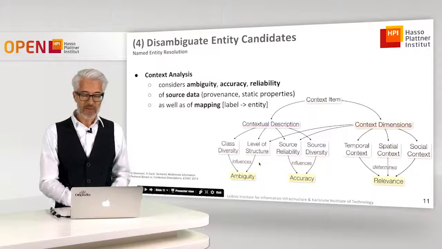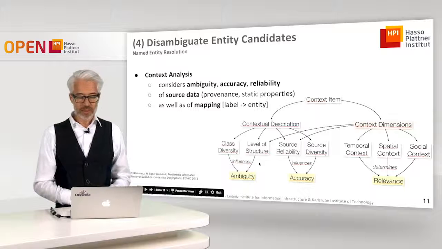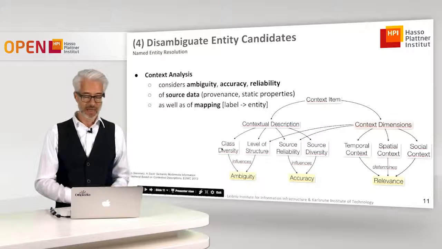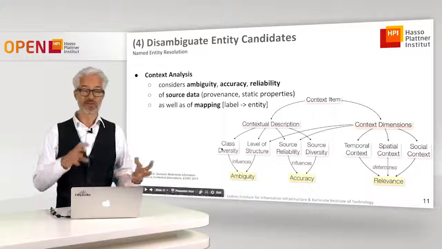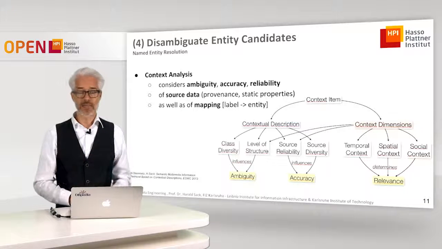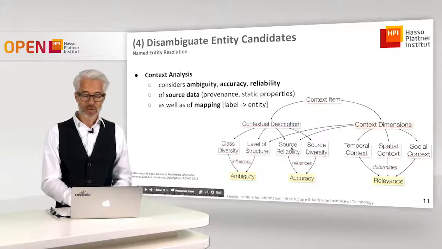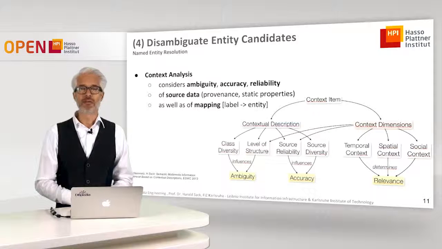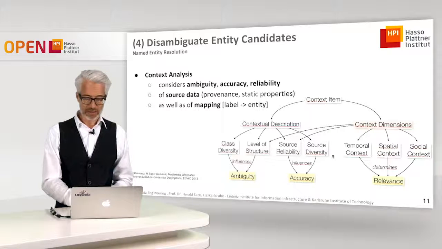And there are several dimensions of context description. So those, for example, class diversity, which gives a level of ambiguity, or the level of structure, so how complicated is the underlying ontology, how reliable is the source where the context information comes from, how diverse is the source, and all these influence accuracy, ambiguity, and relevance.